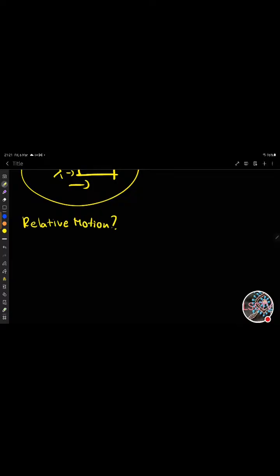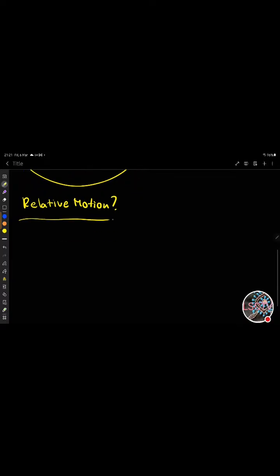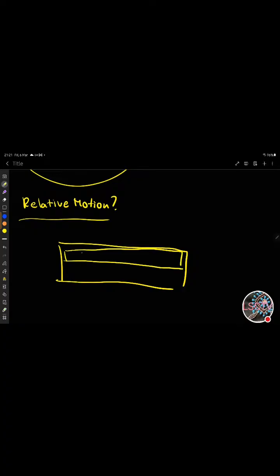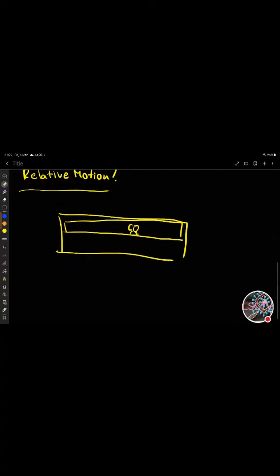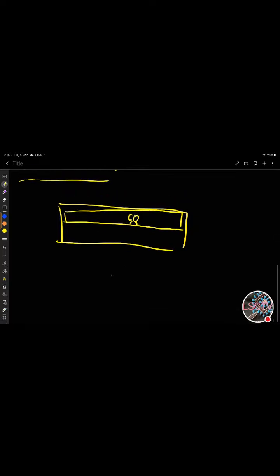Then I asked you a question: is motion relative? What is the meaning of relative motion? Let's say you're inside a train. This is you, and you have your brother sitting next to you. To you, your brother would be at rest; you would be at rest from each other's perspective. But let's say you're looking at a tree or a friend waving to you outside. It appears as if your friend is moving.